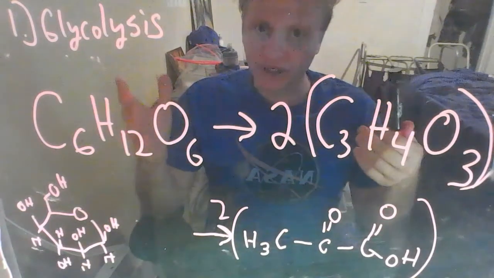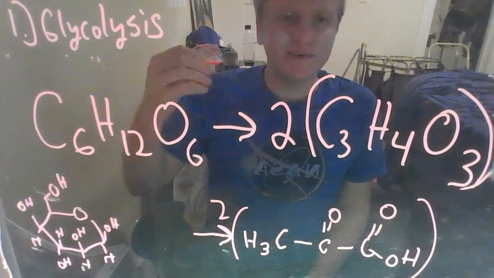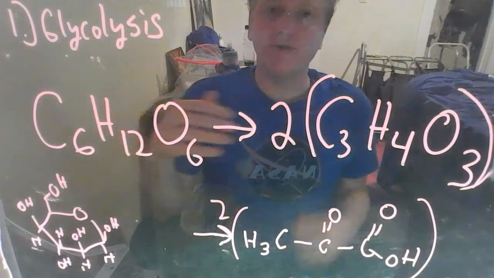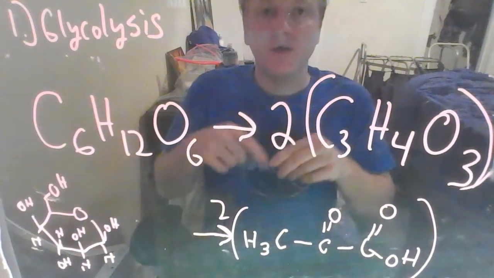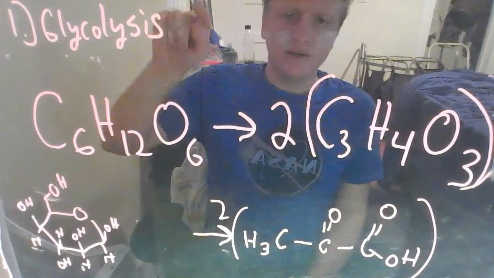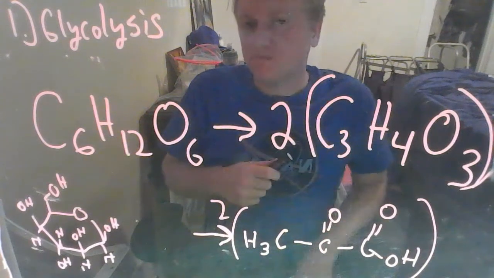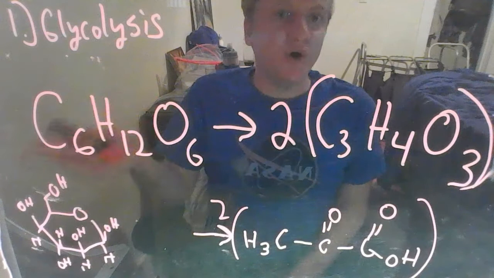Well, like I said previously, the energy of this molecule is stored inside of its chemical bonds. And what happens is you remove some of those bonds, and again, energy gets released. Can you just have hydrogens floating around in the cell? The answer to that question is no, you can't.